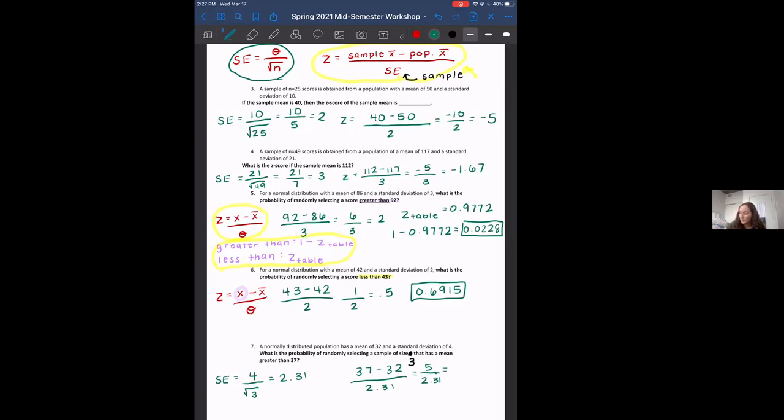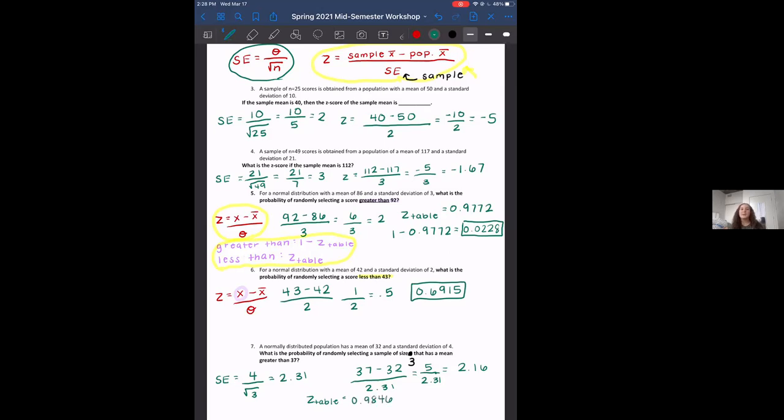Okay. 2.16. Okay, what do you get when you plug that into your Z table? Okay, good. 0.9846.